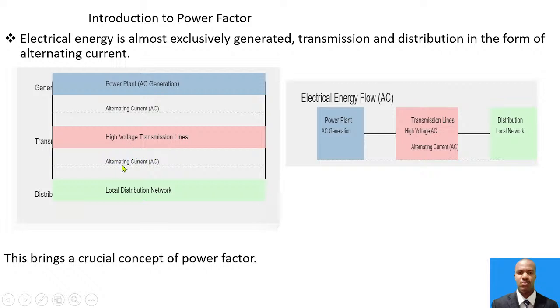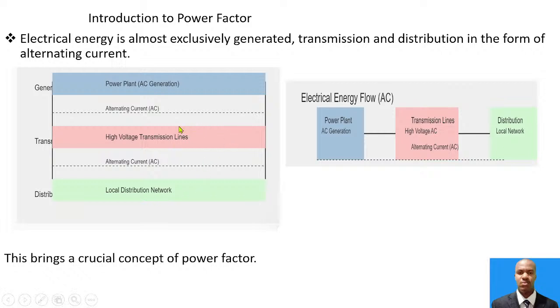Once the transmission channel comes to an end, there is a distribution transformer, mainly found near the consumer's point or near the power consumers. And in all that process, it brings about the crucial concept of power factor.